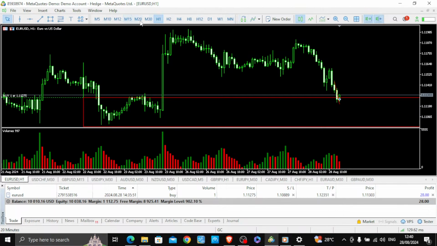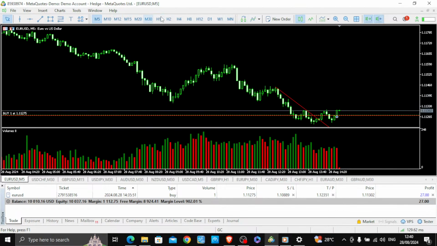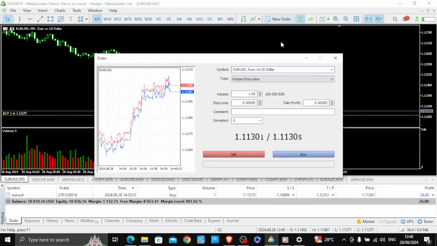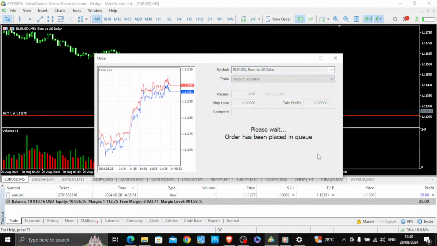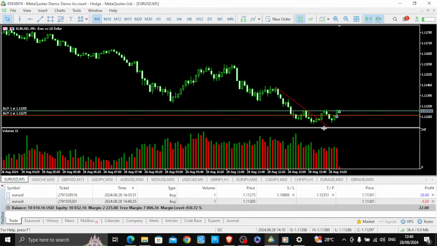Since this is where I entered before, maybe if I'm entering now, I will buy again. This is a demo, so I'm just using it for educational purposes. So my stop loss now will be here.